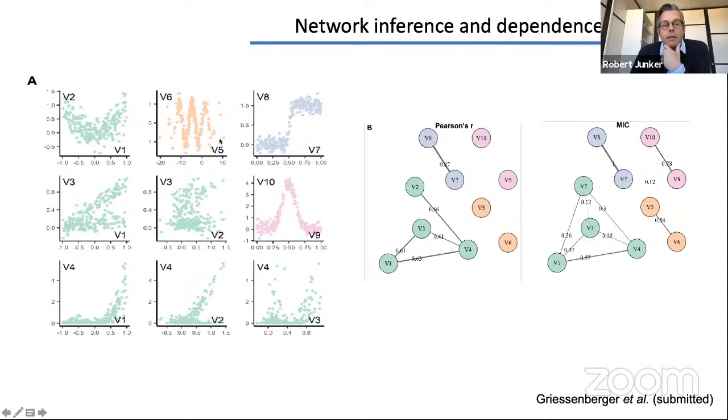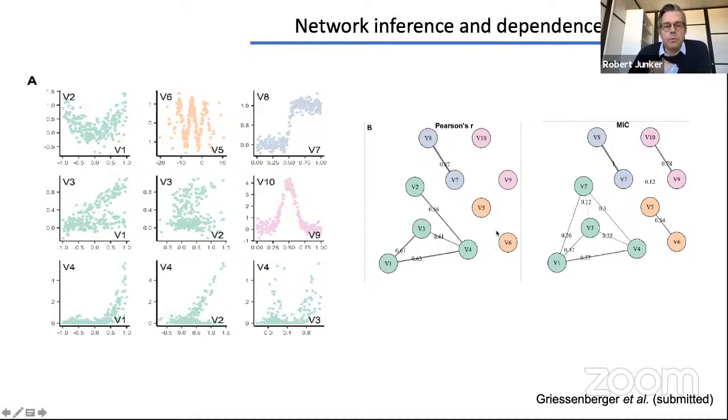Then we have here the yellow, the blue, and the pink module, and at least the yellow and the pink one are obviously not linear, not monotonic. And so Pearson has trouble detecting them. It can find some of the green relationships, but it completely ignores the pink and the yellow relationship. But that's okay because they are not linear.